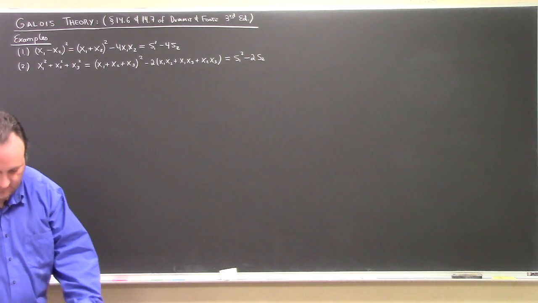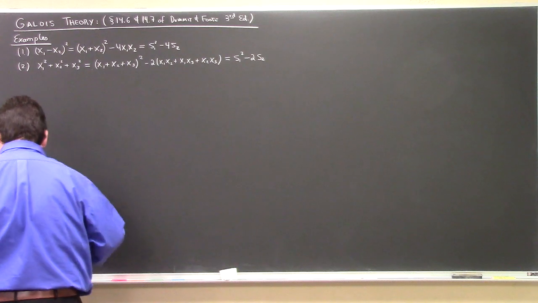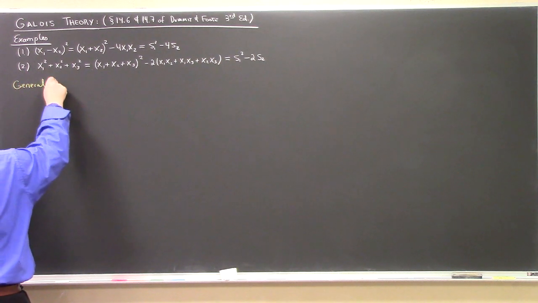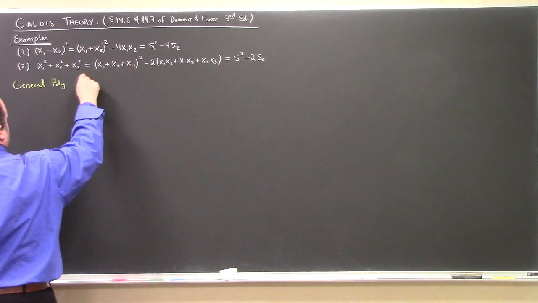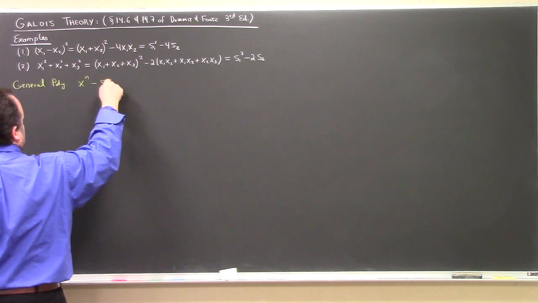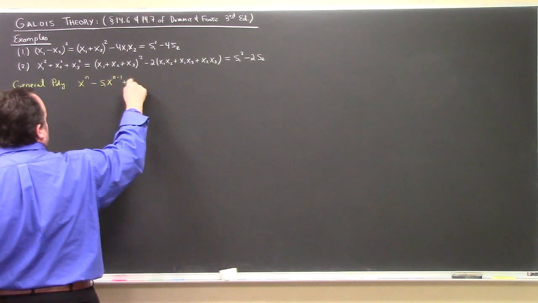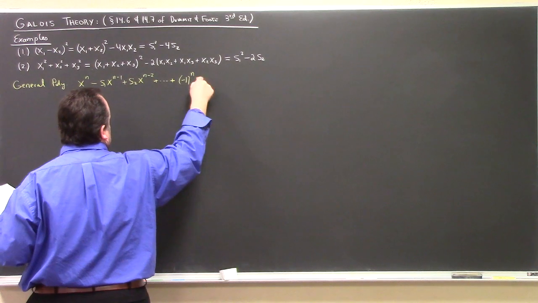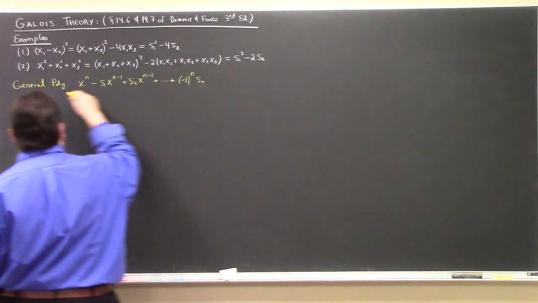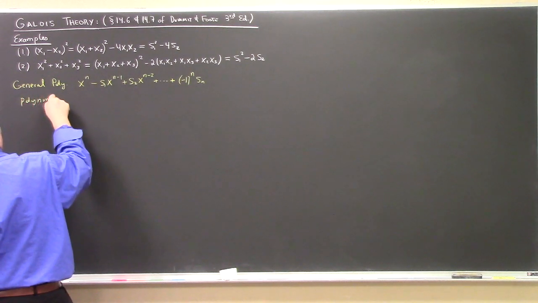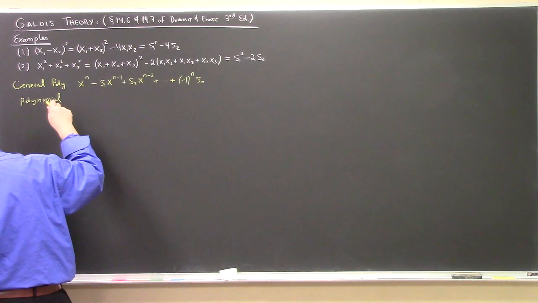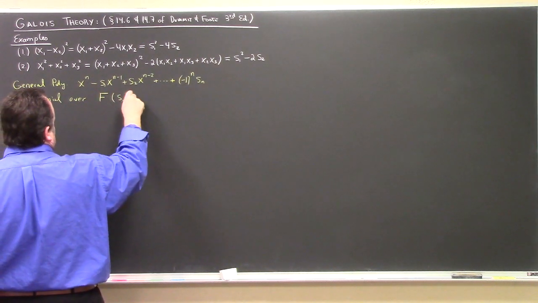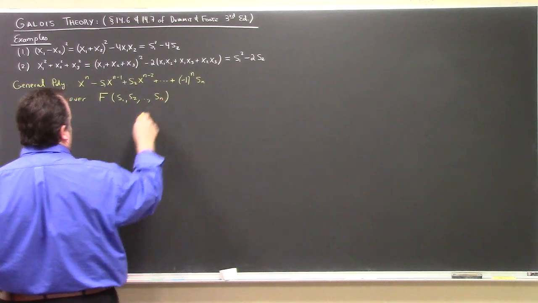The punchline was the following. If we have the general polynomial x to the n minus s1 x to the n minus 1 plus s2 x to the n minus 2, and so on, plus minus 1 to the n s_n, this is a polynomial over the field F adjoin s1, s2, through s_n.